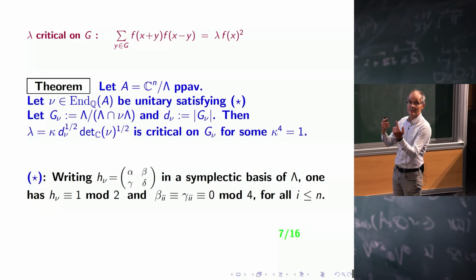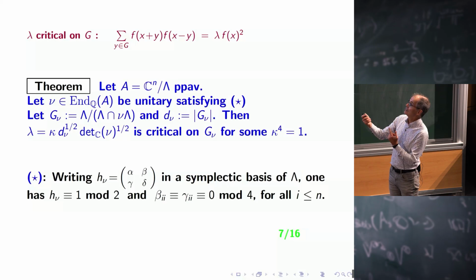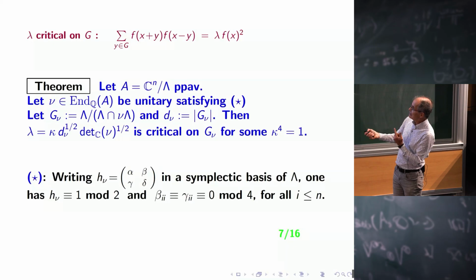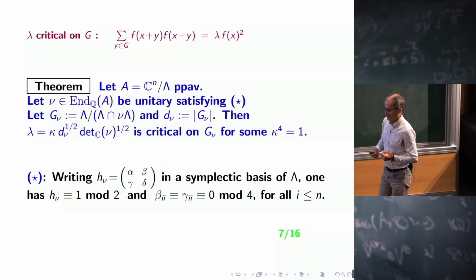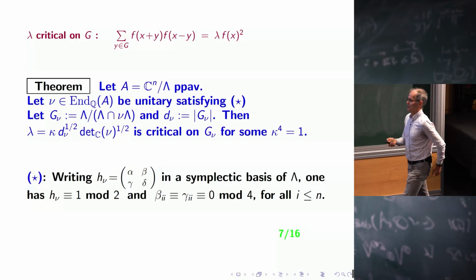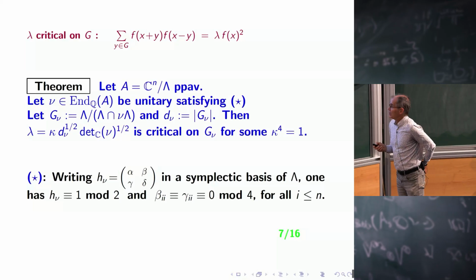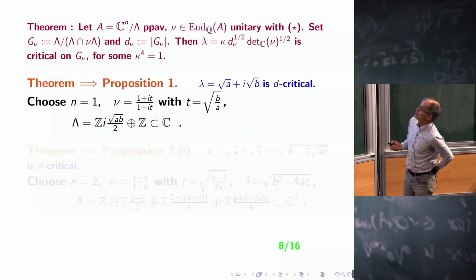So you have to find the Abelian varieties, you have to find the unitary transformation, such that this quotient is a cyclic group, and simultaneously you have to adjust it so that you have this congruence property. So it's a kind of gymnastics, I don't know.